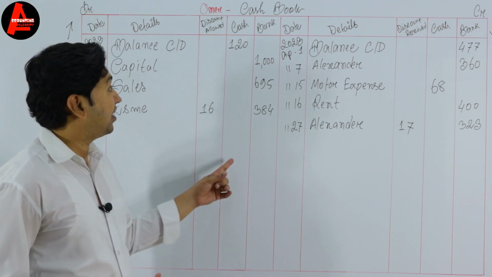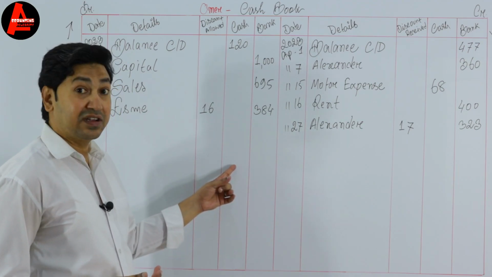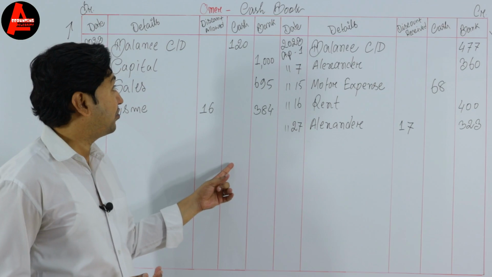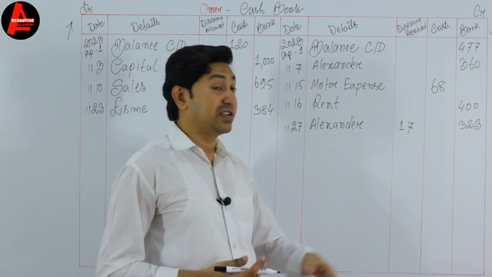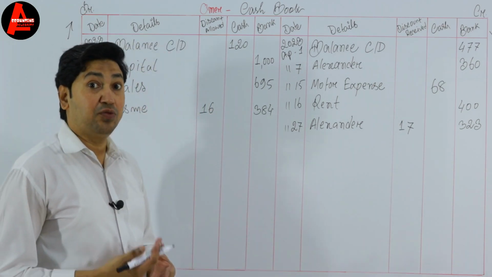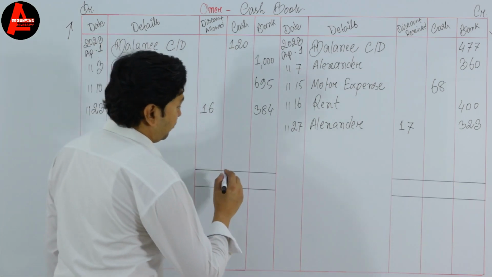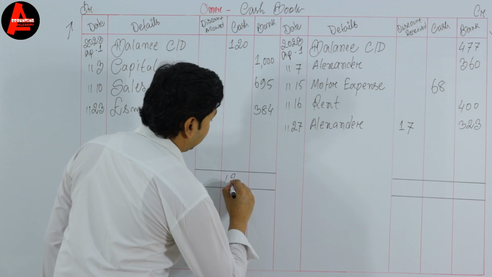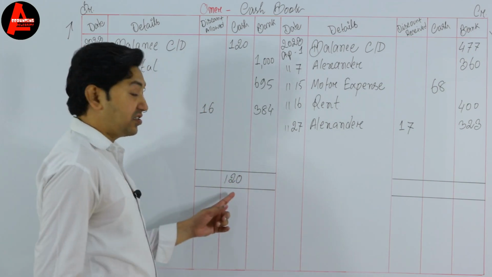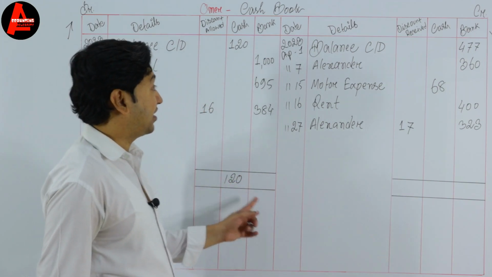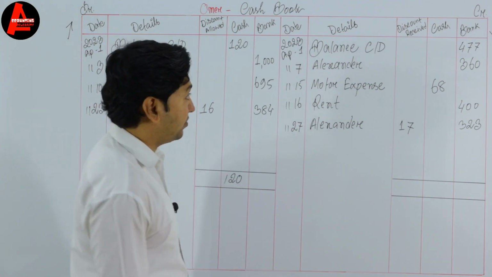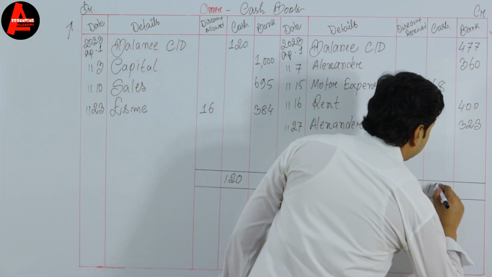Okay, so here debit cash column is greater. Yeah, here we have 120, here we have only 68. So debit cash column we will write the addition first. So here we will write a total $120. Okay, now we will take this total to the opposite cash column here, $120.